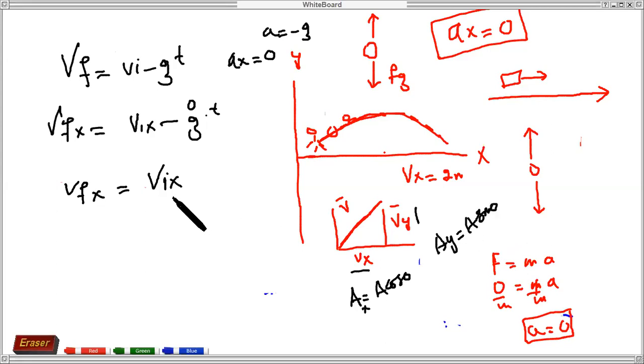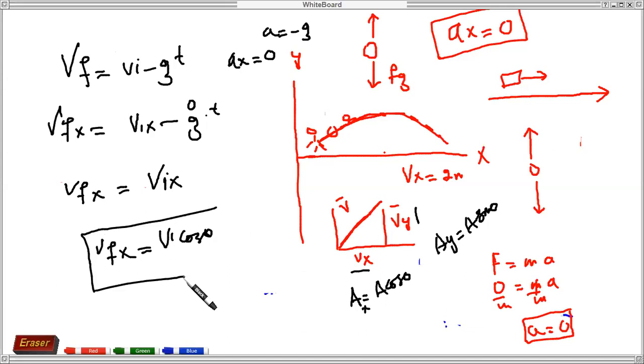Same for velocity, so the final velocity along the x-axis is Vi times cosine theta. This is the first equation for horizontal motion, motion along the x-axis, the final velocity of a body moving along the horizontal direction.